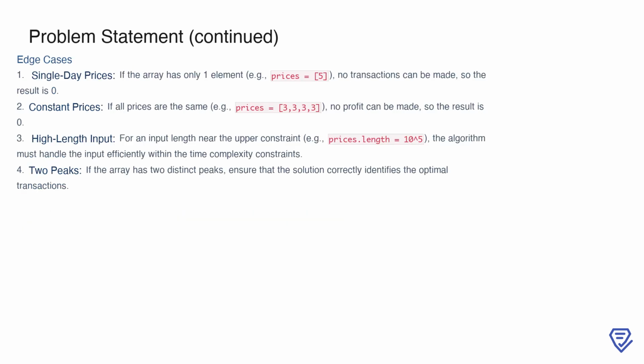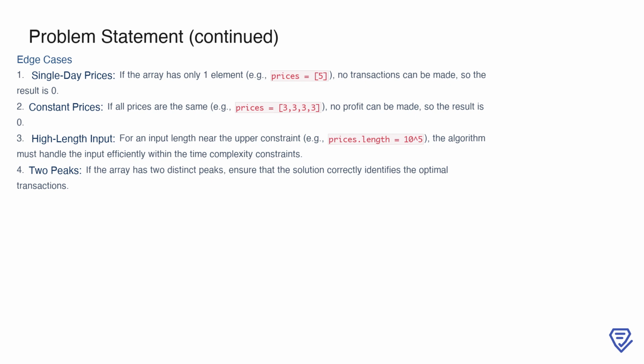Now, let's discuss some important edge cases to consider. First, if the array has only one price, such as prices equals 5, no transactions can be made, and the result is 0. Second, if all prices in the array are the same, like prices equals 3, 3, 3, 3, no profit can be made since there's no price change.